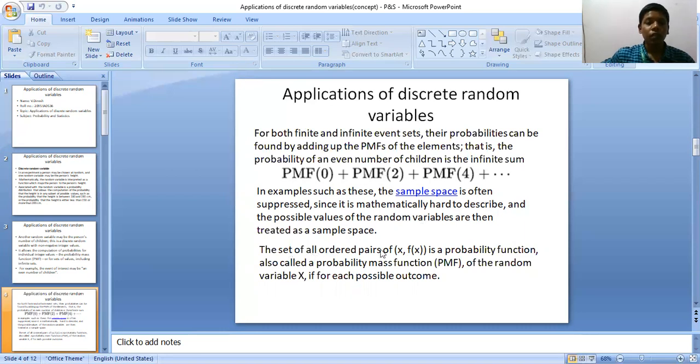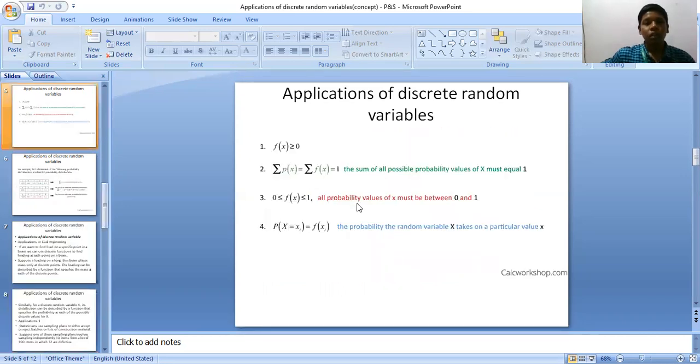The set of all ordered pairs (x, f(x)) is a probability function, also called a probability mass function, of the random variable X, if for each possible outcome the properties hold: f(x) is greater than or equal to 0, and the summation of f(x) is equal to 1.